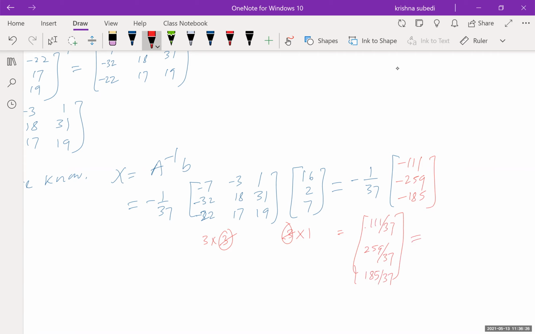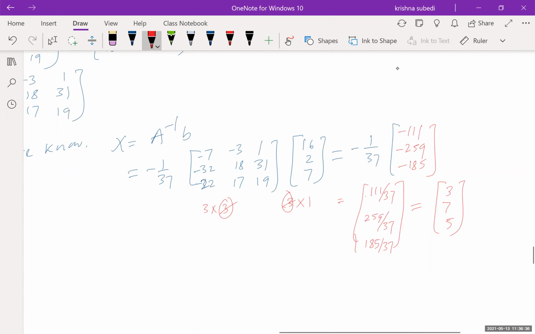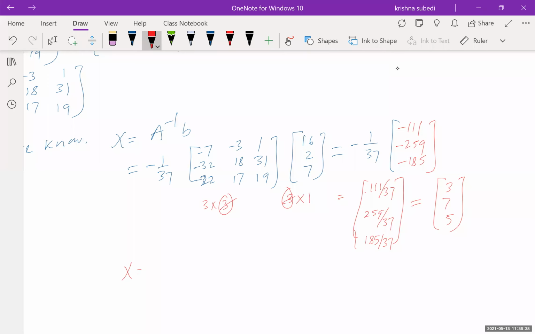How much is that? 3, 7, and 5. So what we got is X equals, X is actually X1, X2, X3. There are 3 variables, and we got 3, 7, 5. What does that mean? This means your X1 is 3, X2 is 7, and X3 is 5.